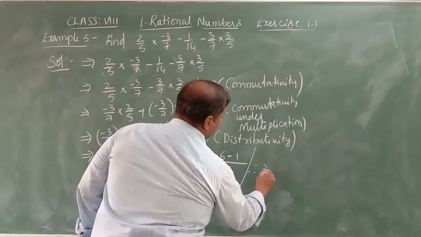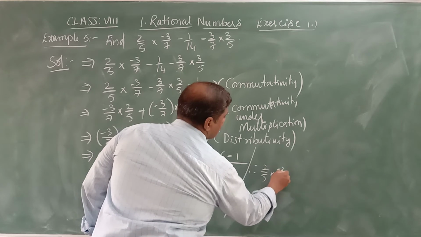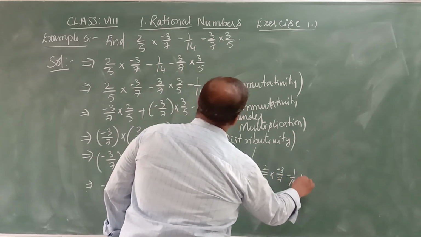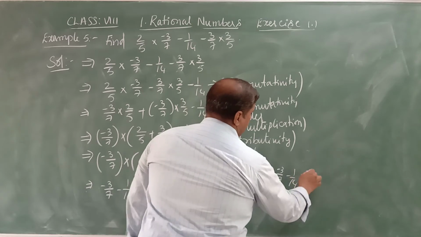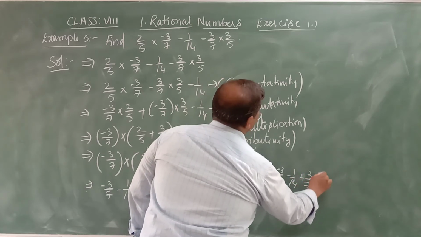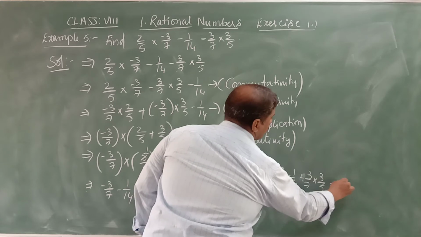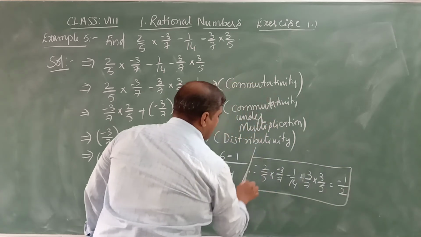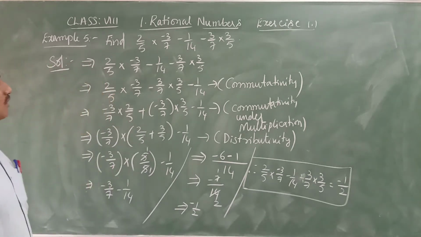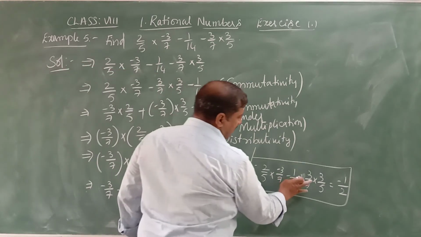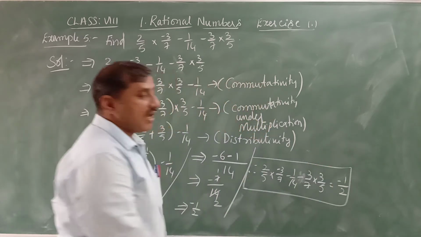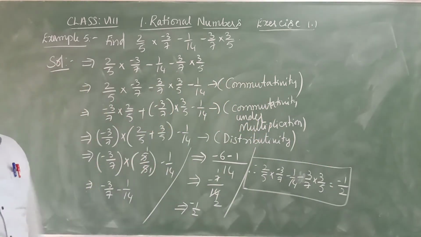Therefore 2 by 5 into minus 3 by 7 minus 1 by 14 minus 3 by 7 into 3 by 5 is equal to minus 1 by 2. So like this, using the properties we can find the values in a simpler manner. How much did we get? Minus 1 by 2. Is it clear, children?